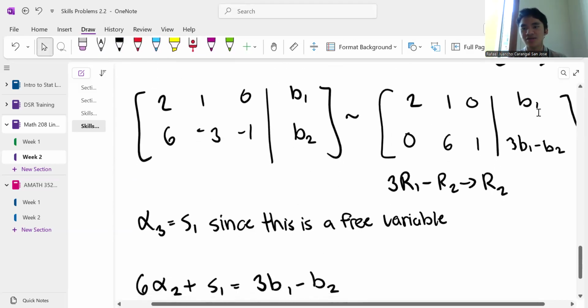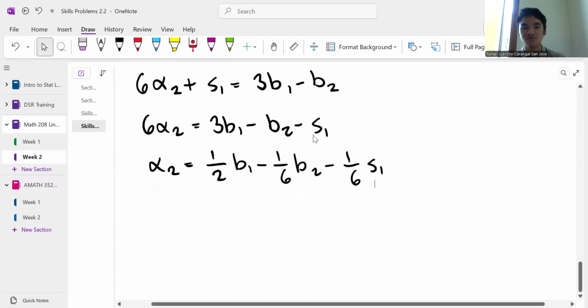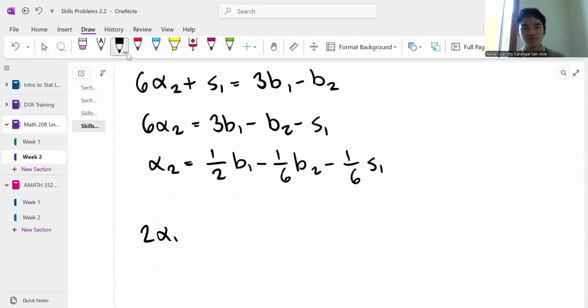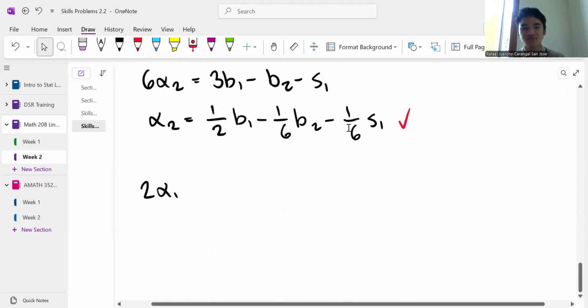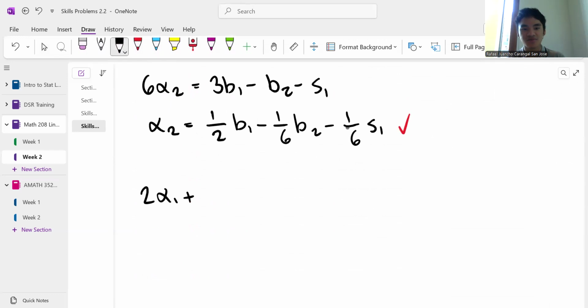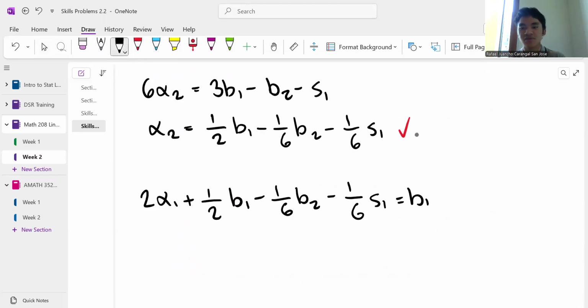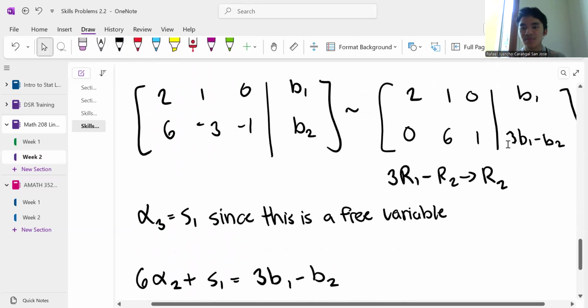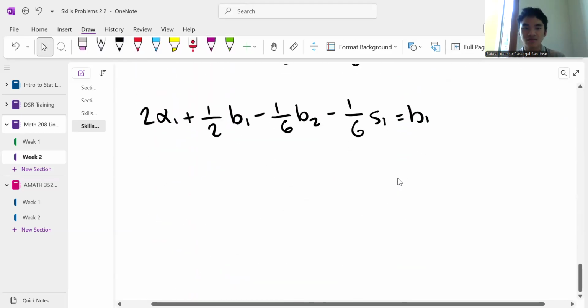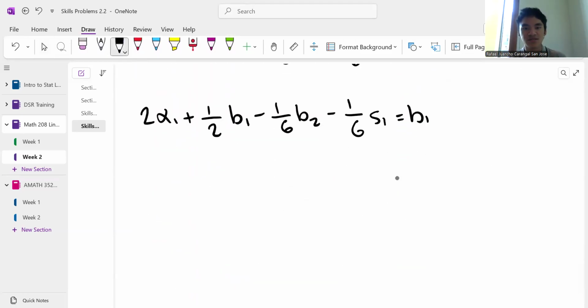And then we go ahead and look at the first row, which tells us, put a check mark here, 2 alpha sub 1 plus alpha sub 2. Now alpha sub 2 is this thing, this whole mess, is equal to b1. I didn't include alpha 3 anymore because it's 0, right? And so here we isolate everything. We solve for alpha sub 1.